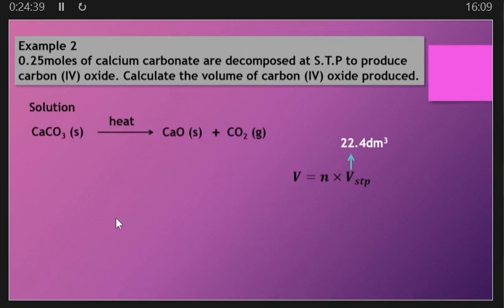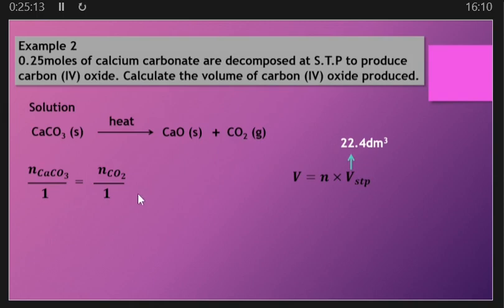Alright, so now that we understand here, our next thing is to write the mole-to-mole relationship between a substance given and a substance being asked. So the substance being given in this case is calcium carbonate, and the substance being asked is carbon 4 oxide, which is carbon dioxide. So number of moles of calcium carbonate over 1, because we have just one of it here in the equation, equals number of moles of carbon dioxide over 1, because we have 1 here.